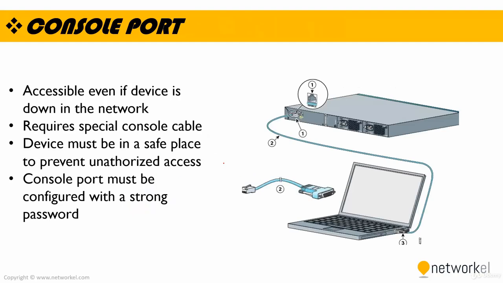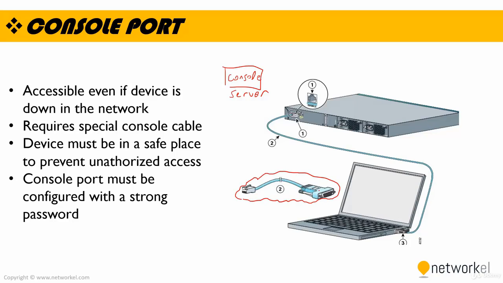The first access method is the console port. If you want to use the console port, you should be next to this device, or you should be using a console server. When you're next to the Cisco IOS device, as you can see in the picture, there is a special cable to connect it.